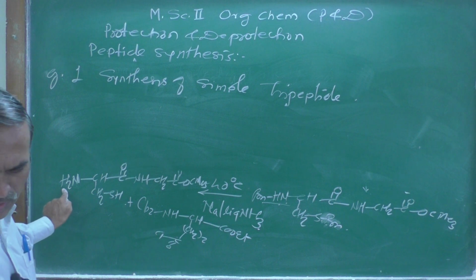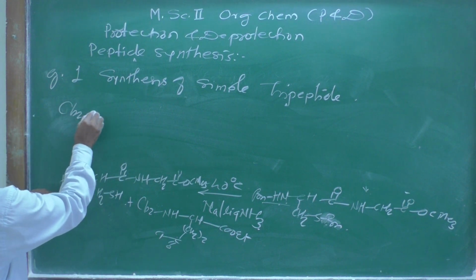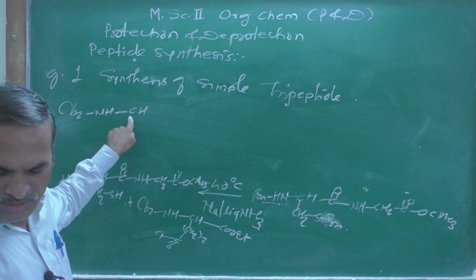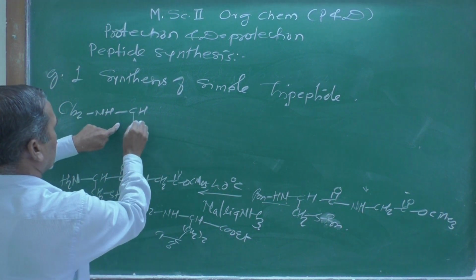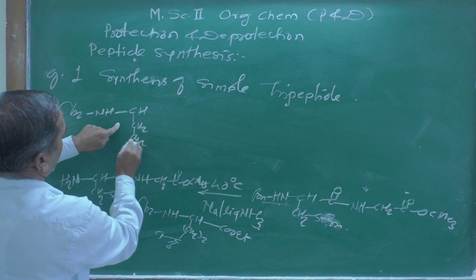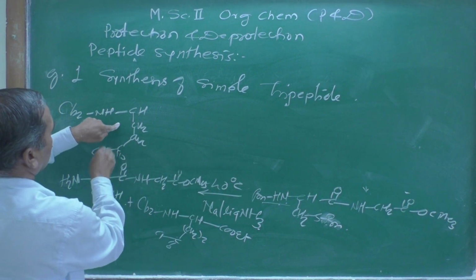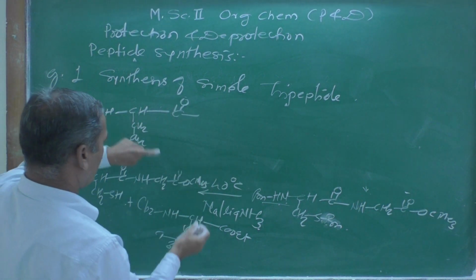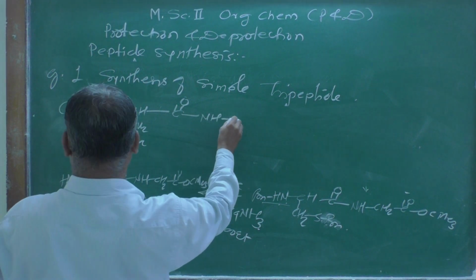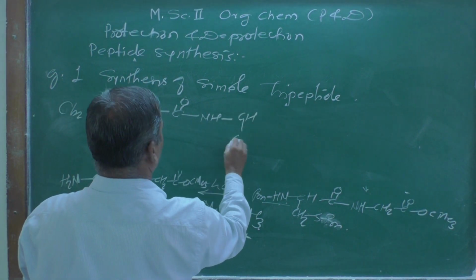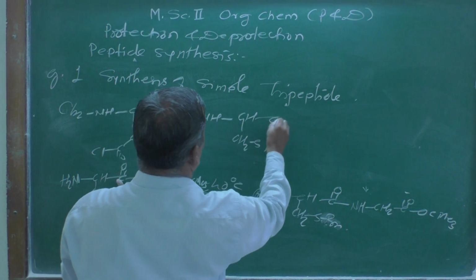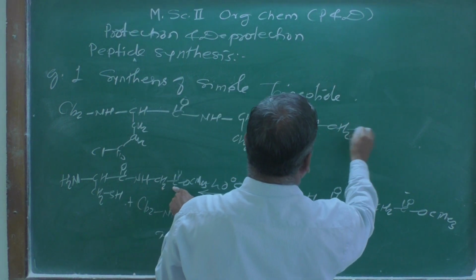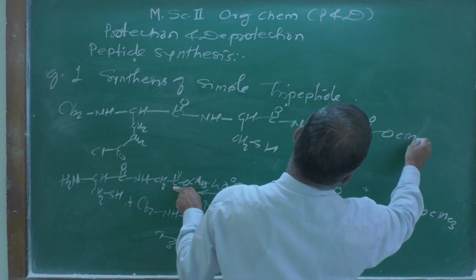and you are going to get this one, CBZ group as it is, then NH, then CH, then this one CH2, C double bond O, Cl, and further this C double bond O, N here, NH, then this one CH2SH, then C double bond O, NH, then CH2, C double bond O, C, Me3.